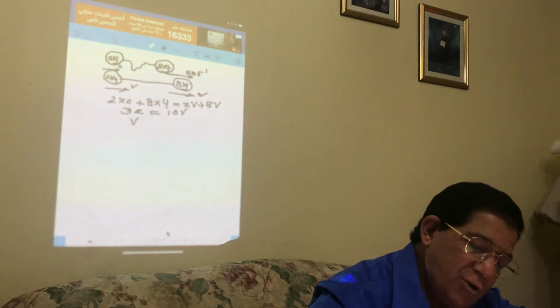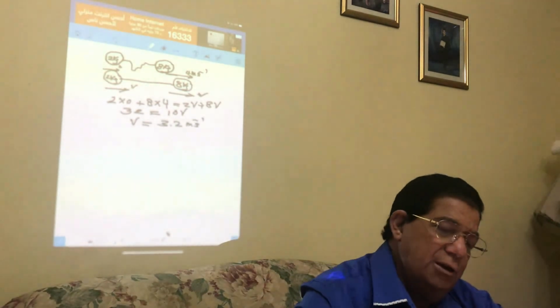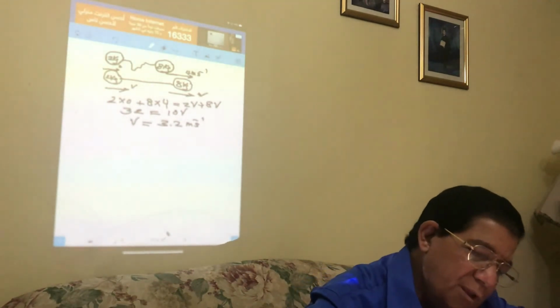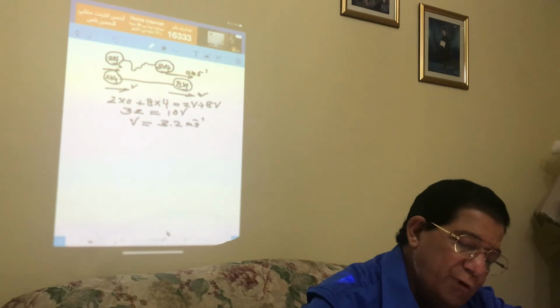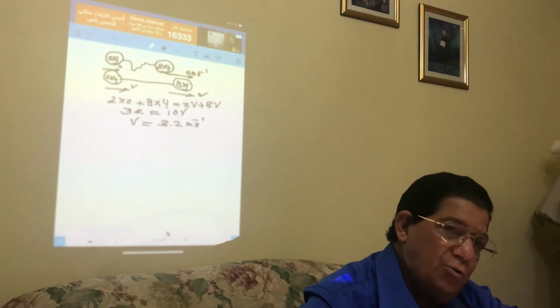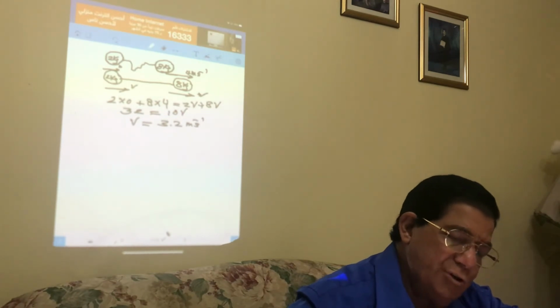This means the velocity is 3.2 meters per second. So once the string becomes tight, the two particles are moving with a velocity of 3.2. This is the combined velocity after the string becomes tight.